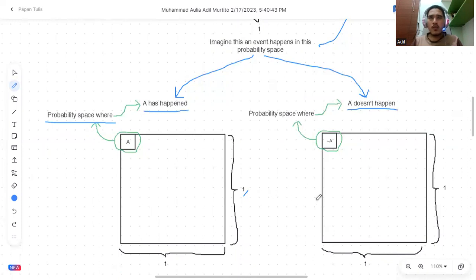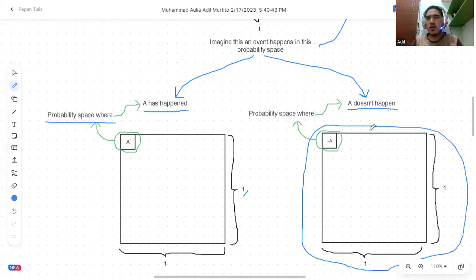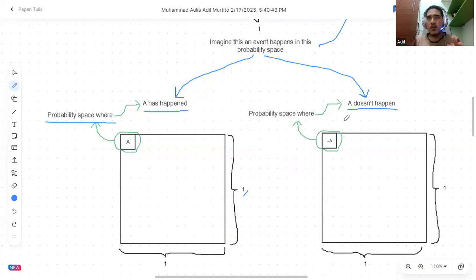The same principle also applies to the negation of A, where we can make its probability space, which is a space where A doesn't happen.